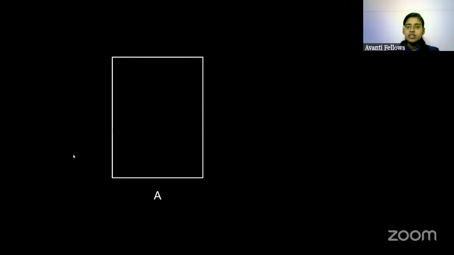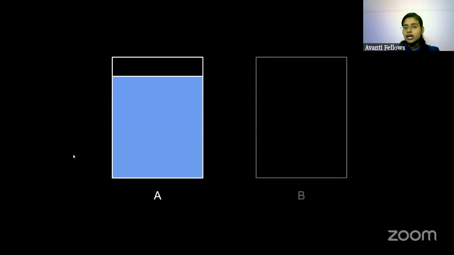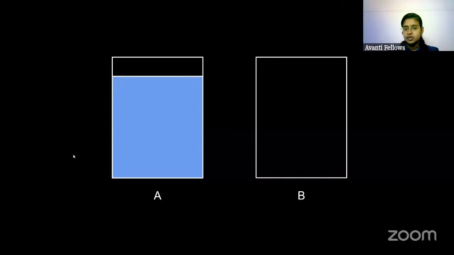Here I have a container A, which is partially filled with water. Now I am going to have a container B, which is empty. If I have a connection between A and B, if the two containers are connected with each other, what will happen?